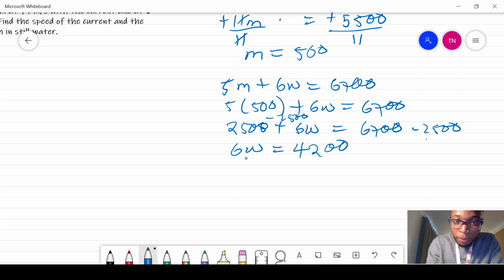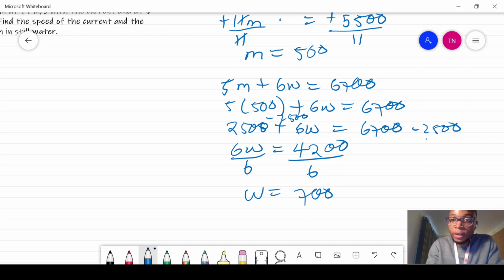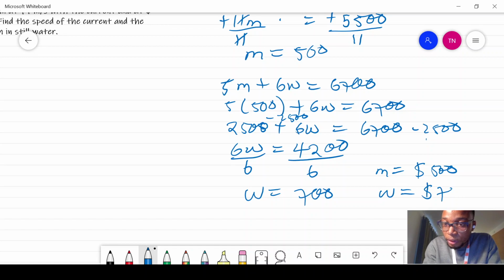So yeah, we do it that way. Then we divide by 6. So the women are earning 700. What this means is that the salary of men is going to be $500, then for women it is going to be $700.